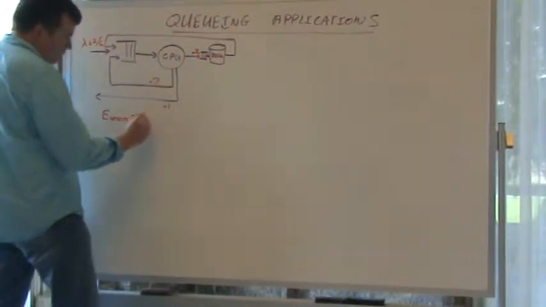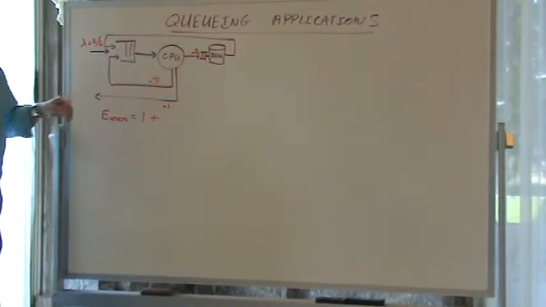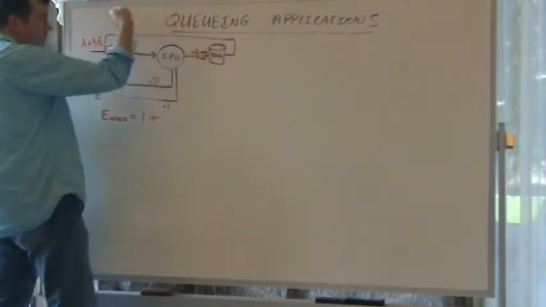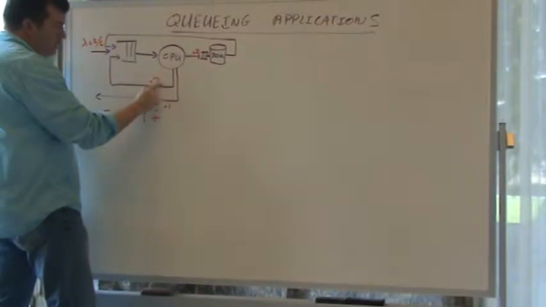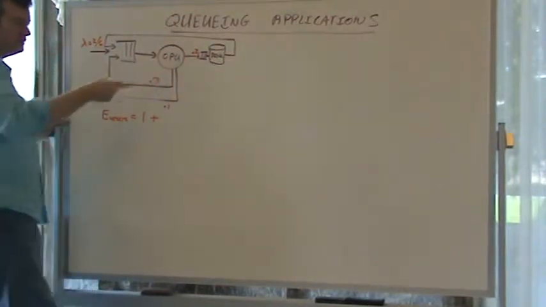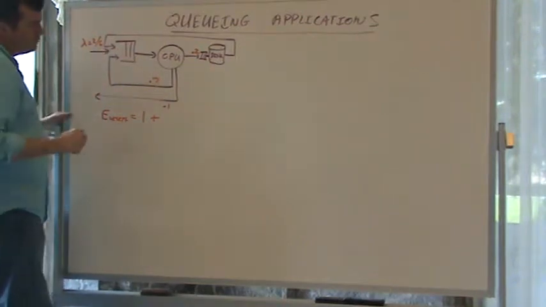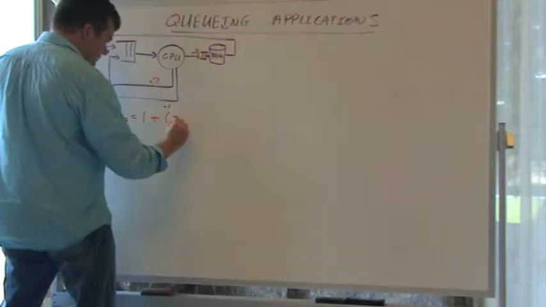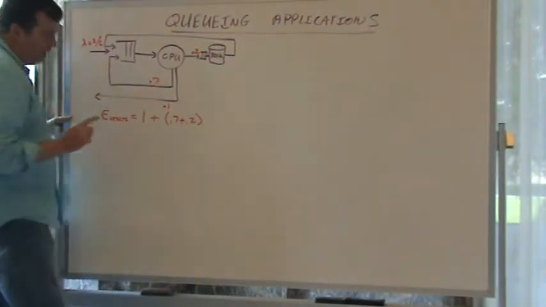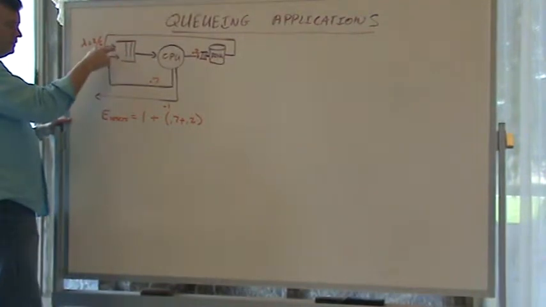So it's going to be 1 plus, and then 20% of the time we go to the disk drive and we come back to the beginning. 70% of the time the operating system times us out, and we go back to the ready queue. So that's a total of 90%. So 0.7 plus 0.2. 90% of the time we end up coming back to this queue.